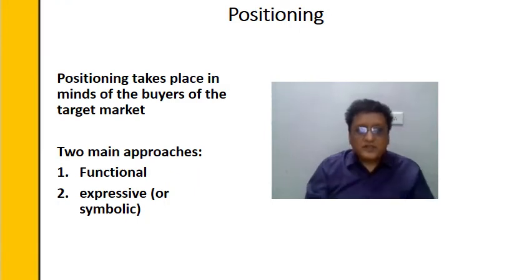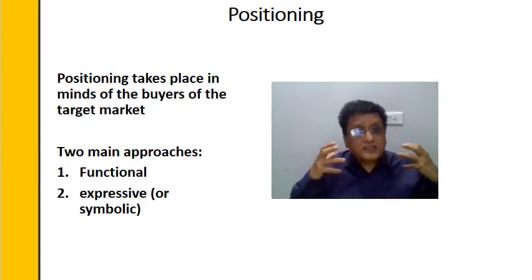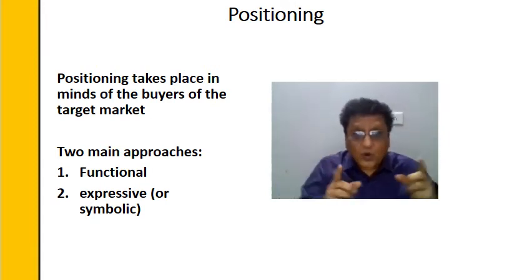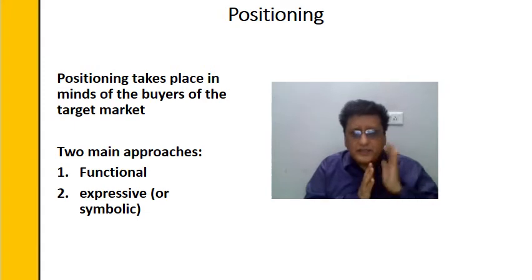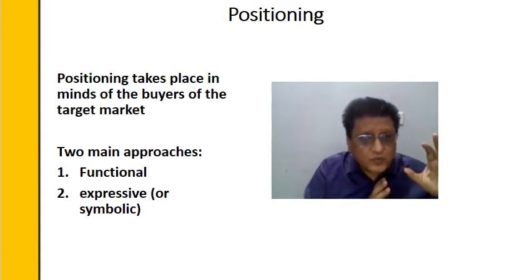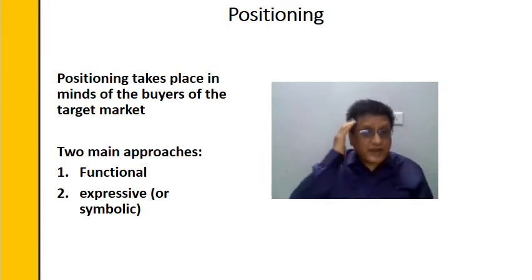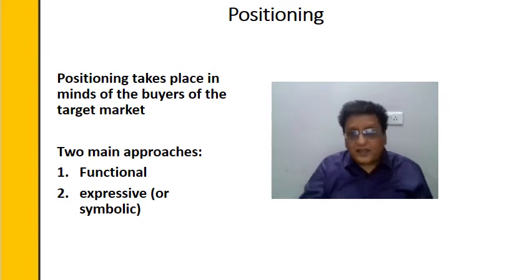We will now discuss positioning. What is positioning? Where does it take place? It takes place in the mind of the buyer of the target segment. The seller attempts to make positioning, but ultimately it is the buyer's mind that positions that product in his mental setup.